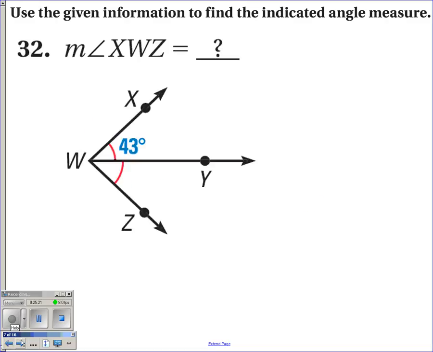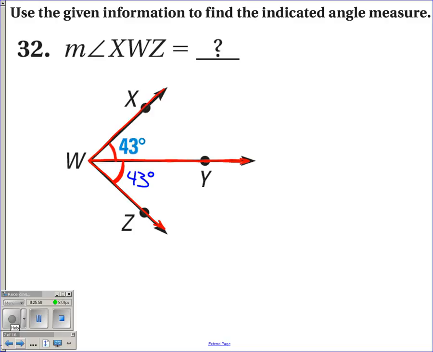But on 32, these arcs in red show us that this angle here, angle YWZ, has exactly the same measure as XWY because of the arcs that are here. So if these two are the same, then this also has to be 43 degrees.